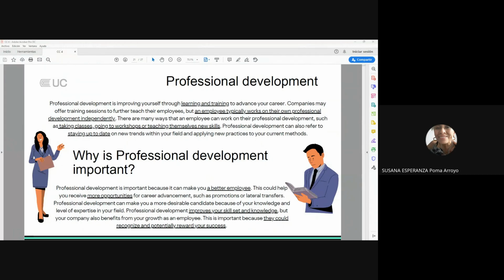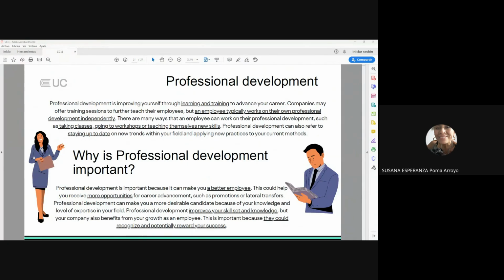There are many ways that an employee can work on their professional development, such as taking classes, going to workshops, or teaching themselves new skills. Professional development can also refer to staying up to date on new trends within your field and applying new practices to your current methods.